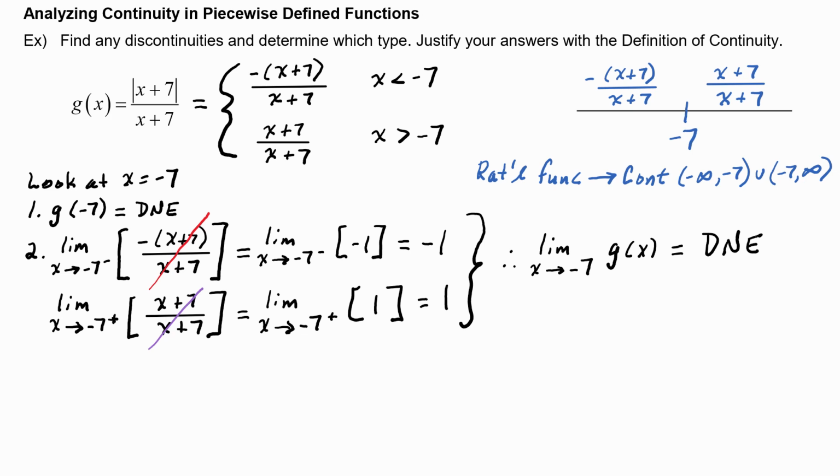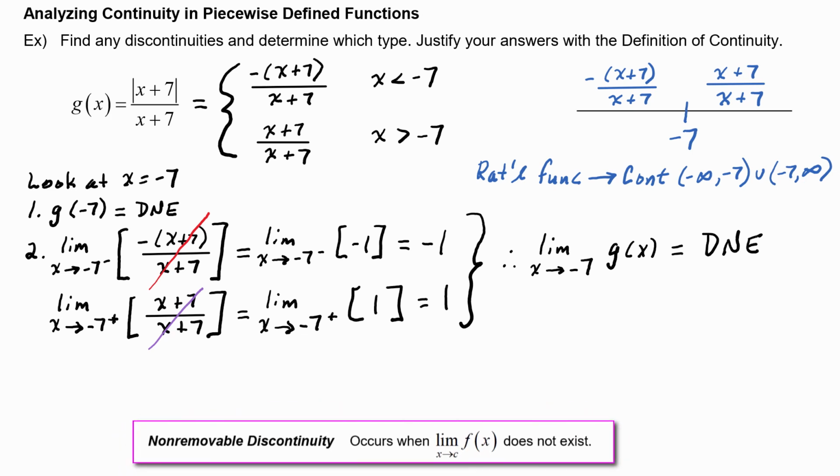Because the limit does not exist, we conclude that g has a non-removable discontinuity at x equals -7.